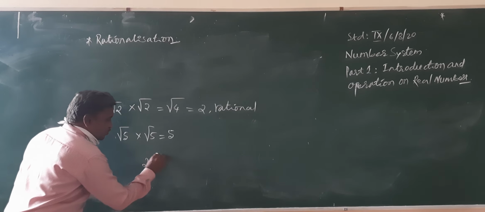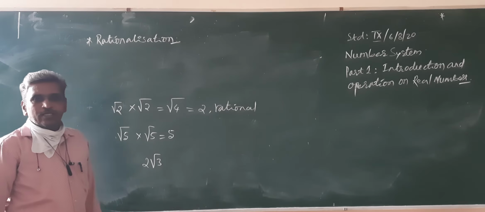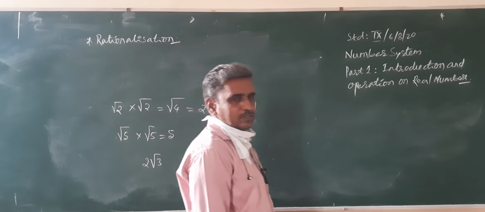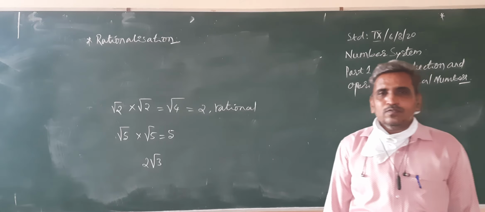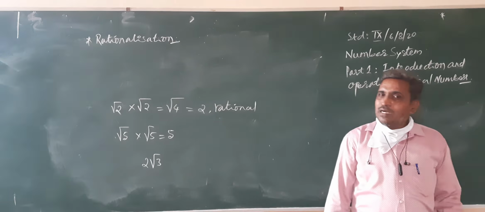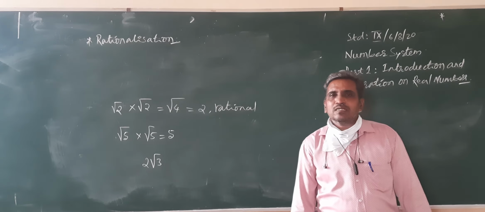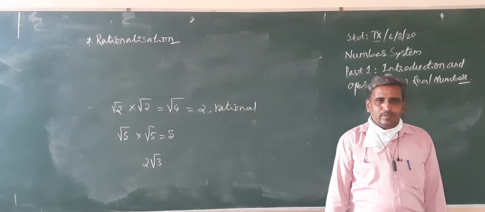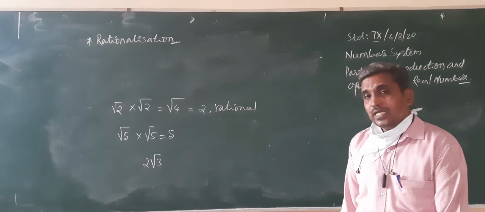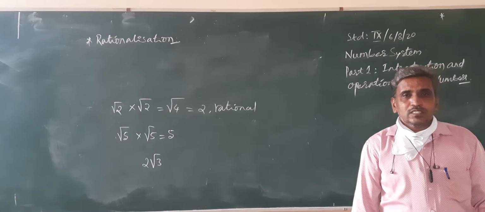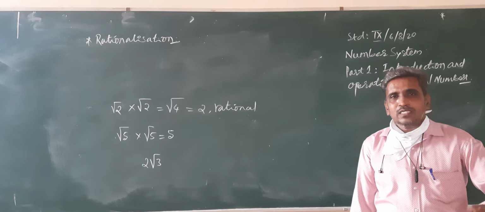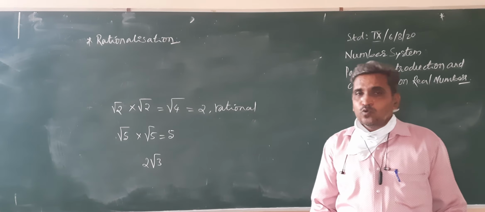So one question arises now. 2 root 3 is an irrational number. What are we going to multiply to convert that irrational number to a rational number? Is it 2 root 3 or root 3 only? Which is necessary, only that is applied.